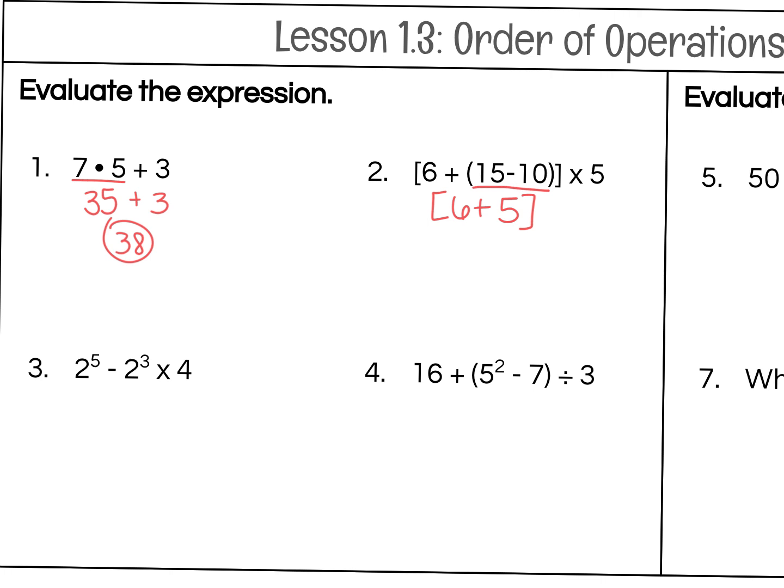So inside the brackets, I still have 6 plus 5. And then outside the brackets, I have times 5. What will I do next? 6 plus 5, which is 11. Bring down the times 5. And last thing I'll do is 11 times 5, which is 55.